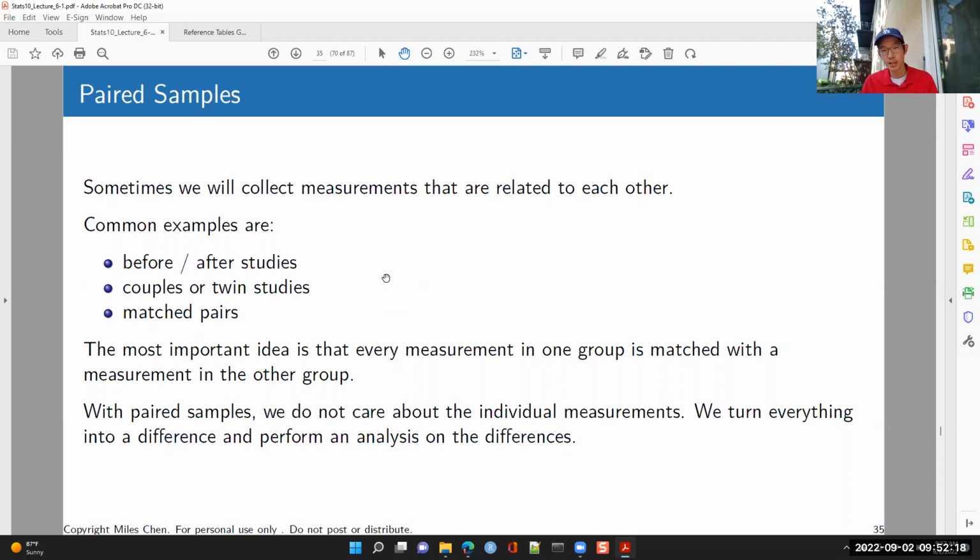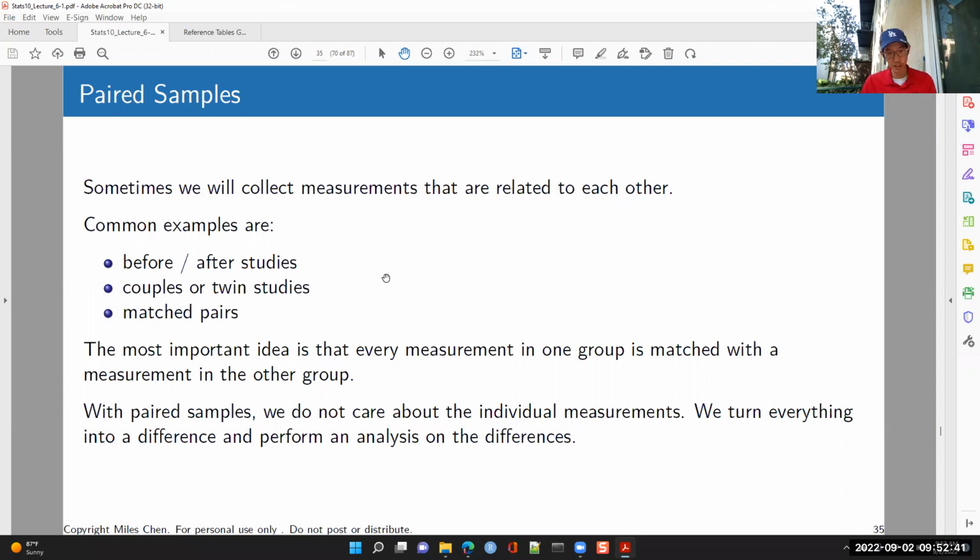Okay, you can also have twin studies, and you can compare one twin versus the other twin. And then you have matched pairs. Matched pairs is, you have two different groups, but you're matching each individual in one group with a corresponding individual in the other group.